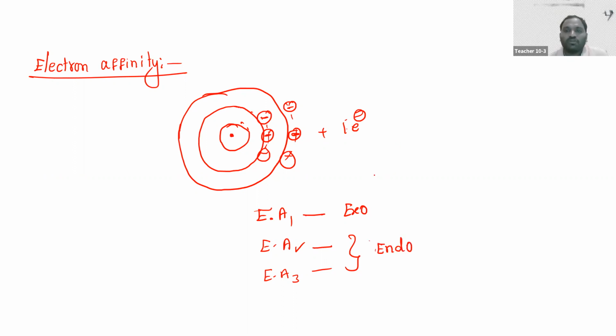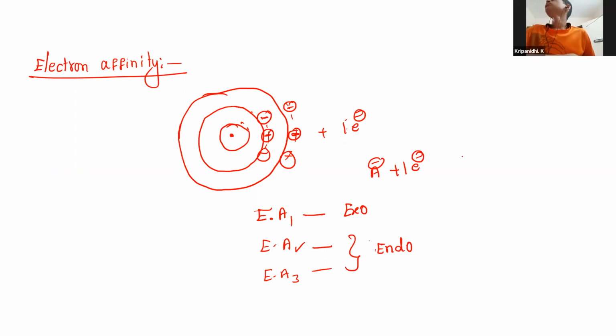The reason is, first of all, they are resisting the addition of an electron. Once somehow we added one electron, after getting negative charge, repulsions will become more because now the atom is in a completely negative atmosphere. Again, you are adding one more electron.